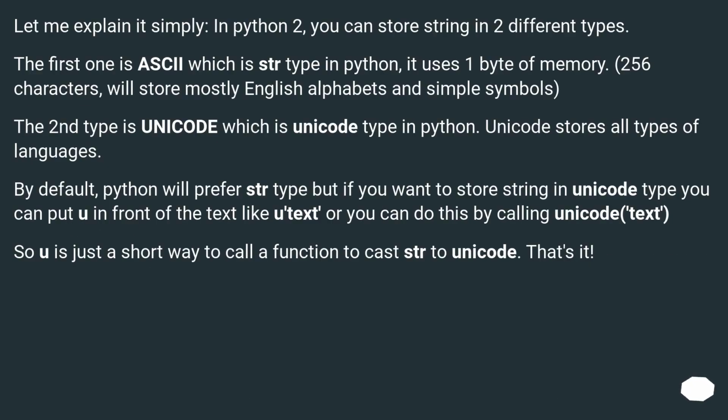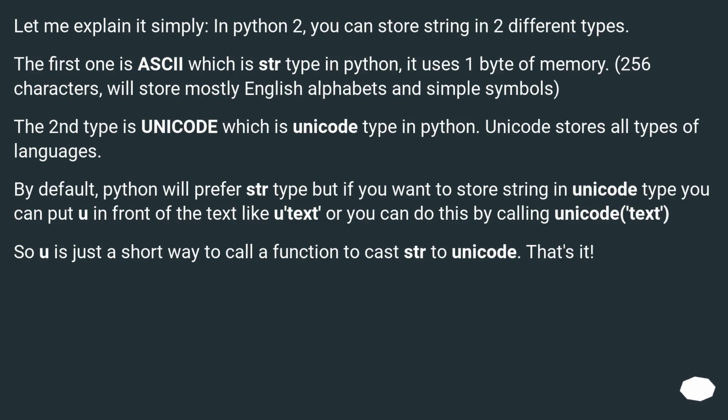Let me explain it simply. In Python 2, you can store a string in two different types. The first one is ASCII, which is the str type in Python. It uses 1 byte of memory, 256 characters, and will store mostly English alphabets and simple symbols. The second type is Unicode, which is the unicode type in Python.